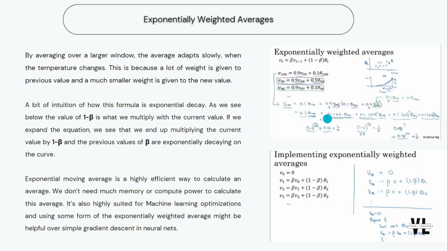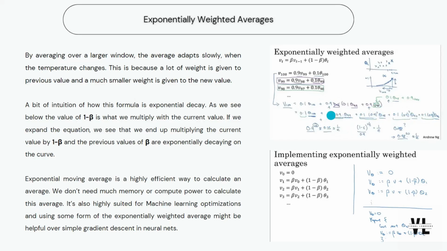And what you will see is, when we accumulate all the values, and when we multiply 0.9 by the values which are inside the bracket and expand the terms, we can see that 0.1 is going to stay fixed, and what's changing is 0.9 is going to be exponentially decaying.